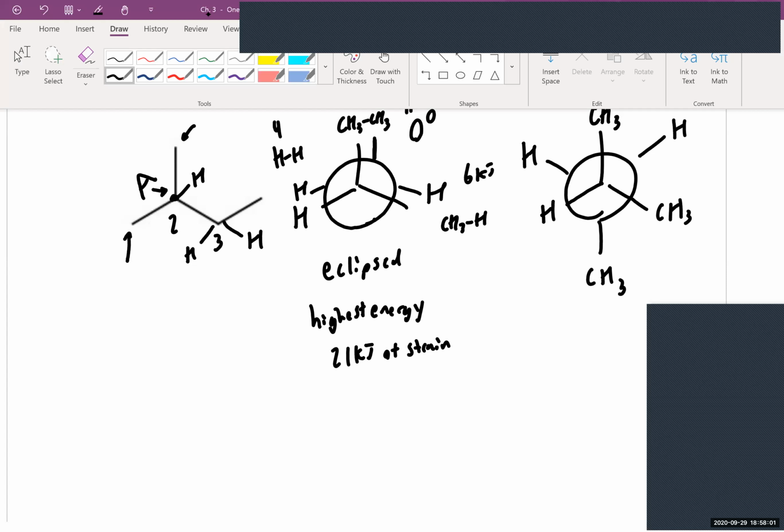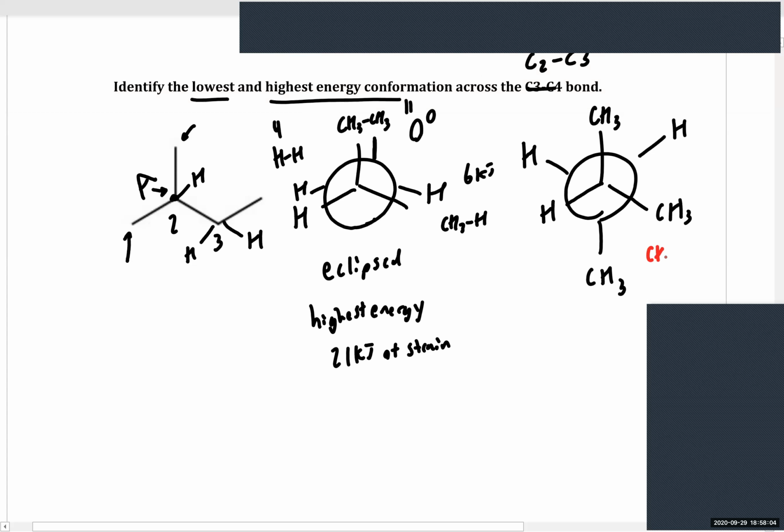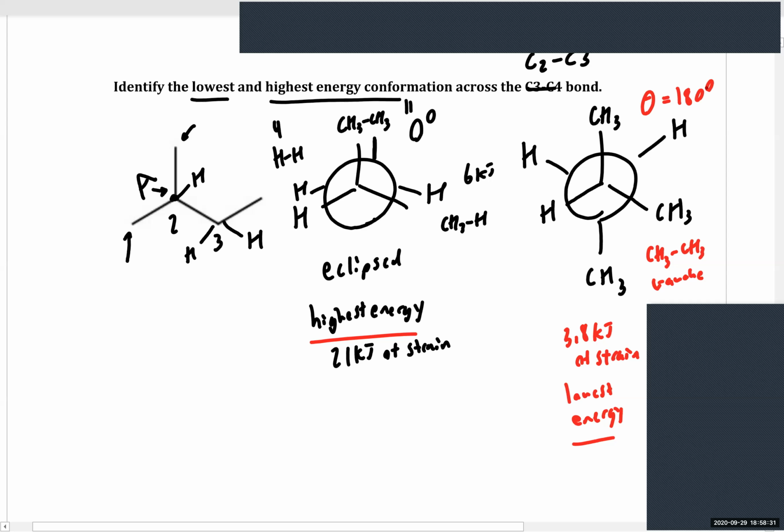In this structure, we only have one interaction, and that is a methyl-methyl gauche interaction, which costs us about 3.8 kilojoules of strain, which would give us our lowest energy conformation. So we have both our highest and lowest energy conformation by looking at our dihedral angle between our bulkiest substituents.